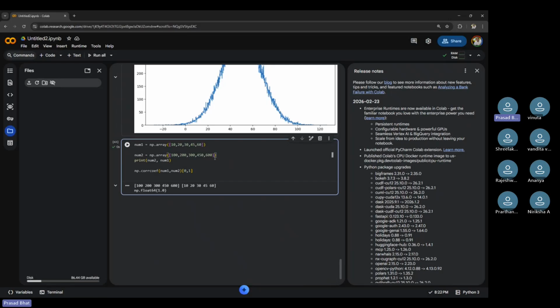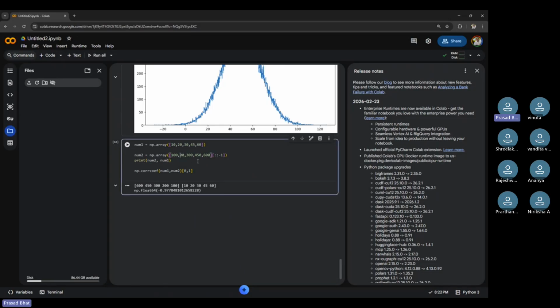And if you reverse this, you get minus 0.9777, very close to 1 as well. This small difference of 0.03 or 0.02 is generally because of the floating point inaccuracy present in Python. This is how the correlation works.